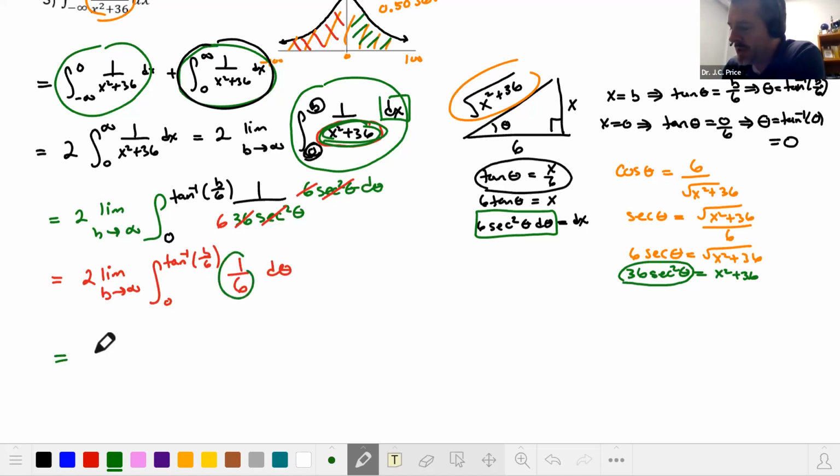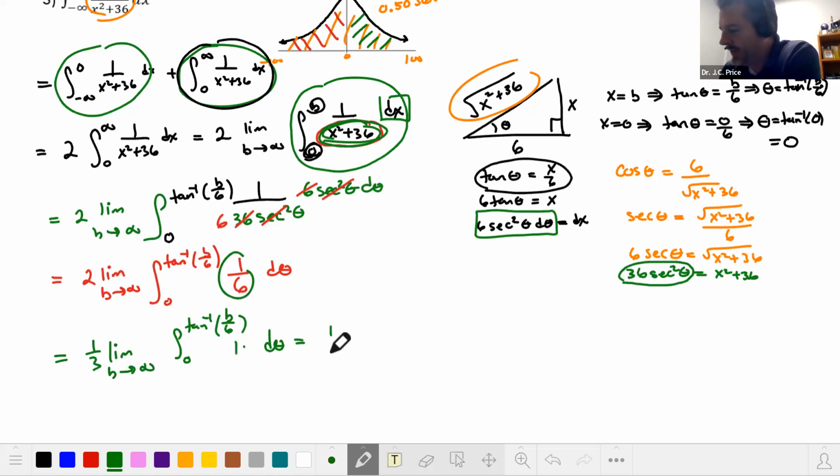So I'm going to get 2 over 6, which is 1/3, the limit as b goes to infinity of the integral from 0 to tan inverse of b over 6 of just d theta. You can put a 1 here if you want, but you don't need to. And I can integrate that, so it's going to be 1/3, the limit as b goes to infinity of what? Theta.